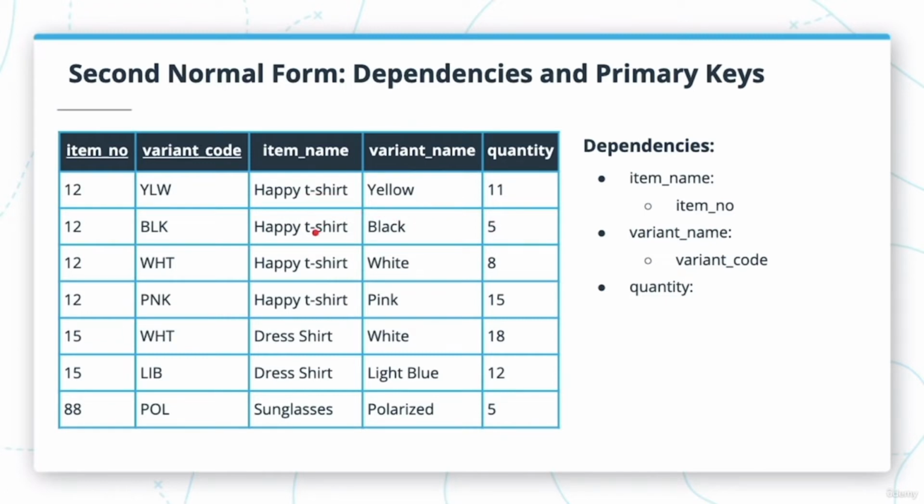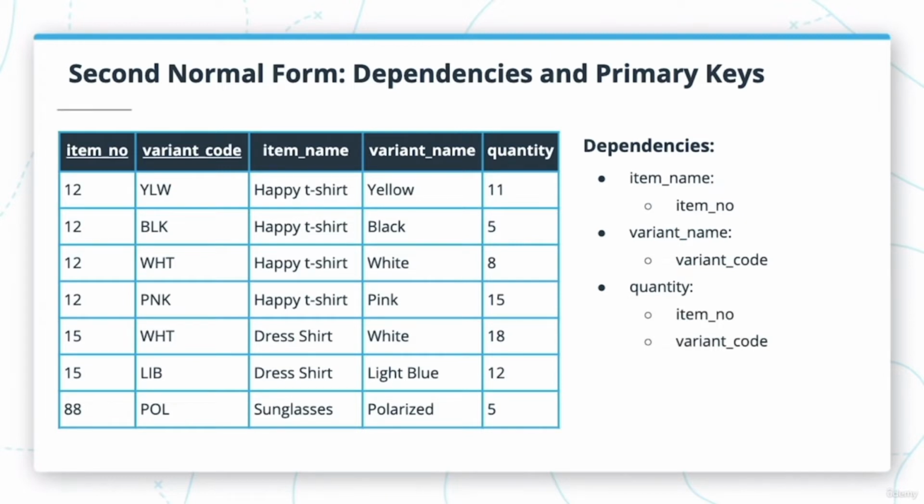Or another way to put it, if we want to talk about it in terms of the primary key, is that we have 11 of item number 12 for variant YLW, and so on and so on. All this to say that the quantity column actually is the only column in this data set that depends on both parts of the primary key.